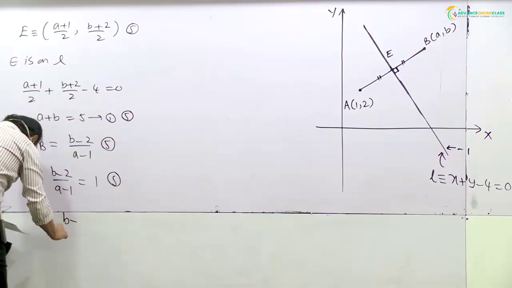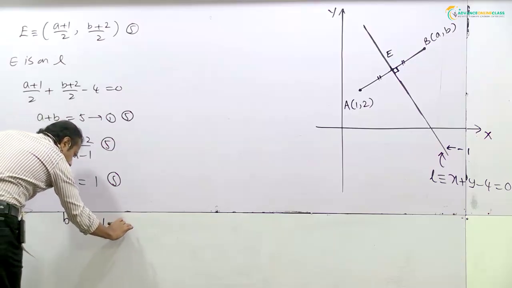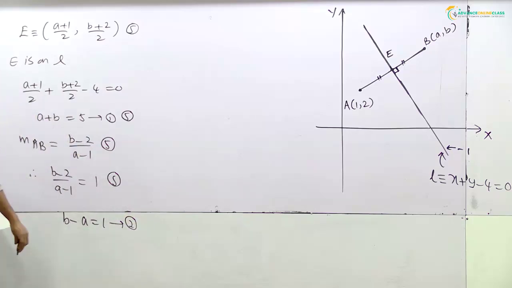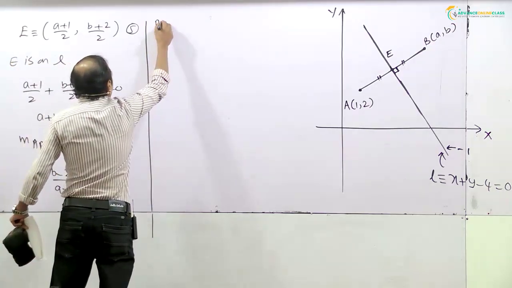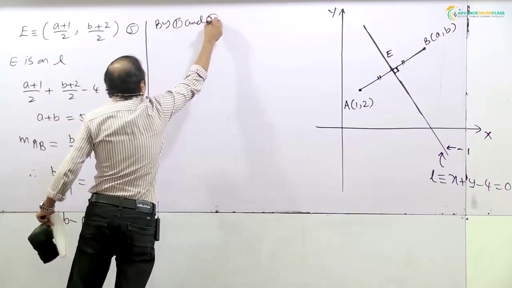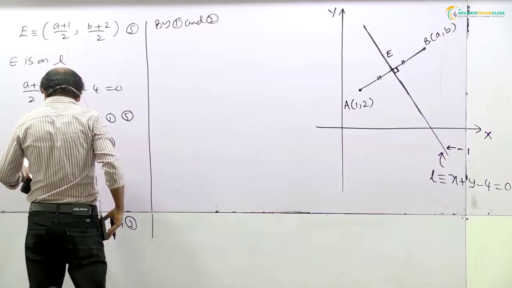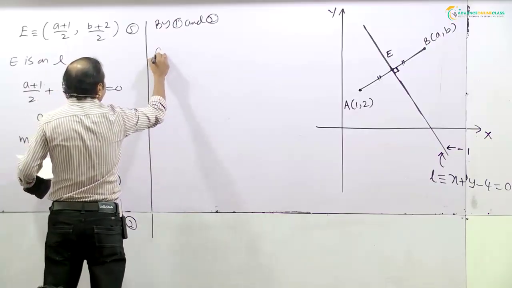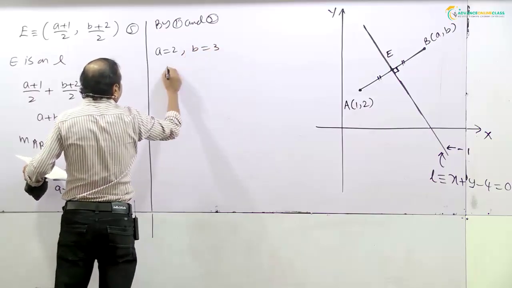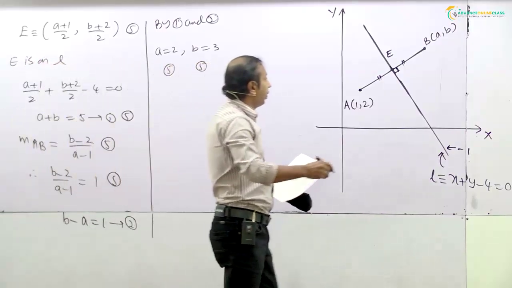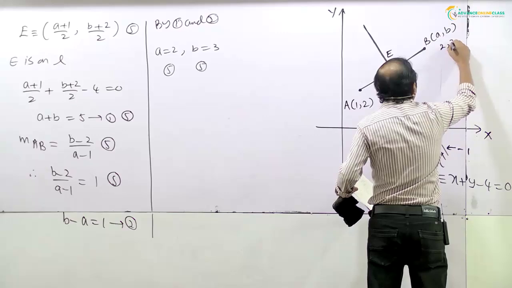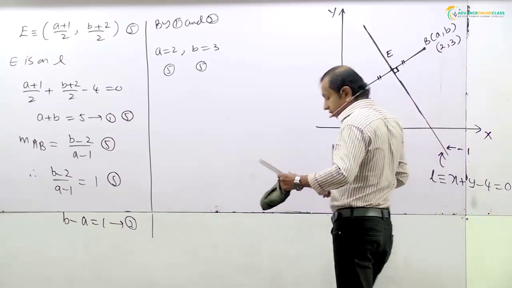Thereby we get another equation, using cross multiplication, b minus a equals 1, equation number 2. Solving 1 and 2, we get a equals 2, b equals 3. 5 marks for each. Then the point B is (2, 3). B found.